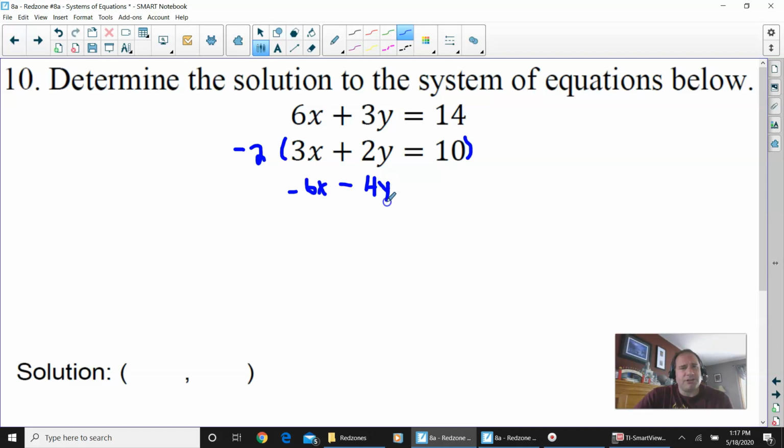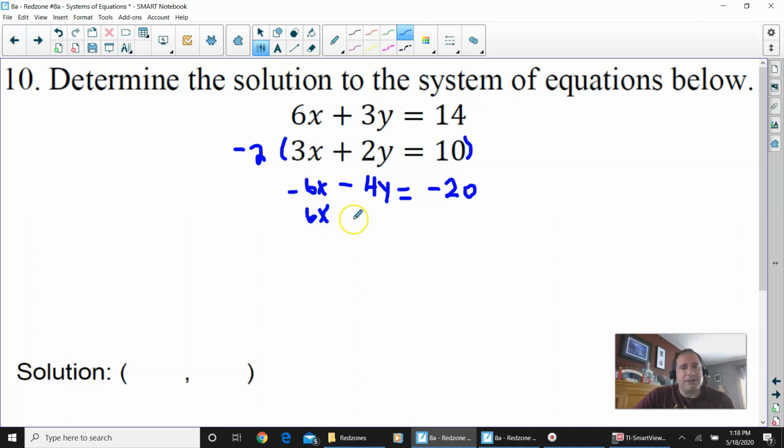But I'm really just concerned about the x, because multiplying by negative 2 would get the x coefficient to be opposite of what I had as 6x.